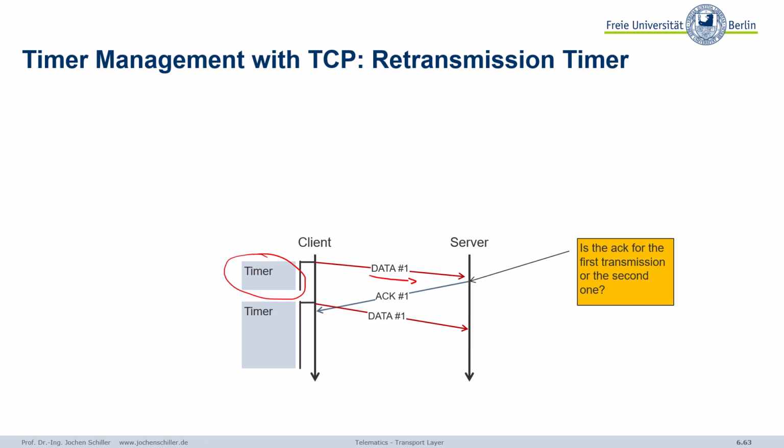Then we actually retransmit already, and then we have the acknowledgement. The point is, how do we differentiate between the acknowledgement for the first transmission or the second transmission? Because the algorithm simply says, okay, I receive an acknowledgement, but I don't know if this acknowledgement, because it looks the same, it acknowledges up to a certain sequence number, was for the first or the second transmission.